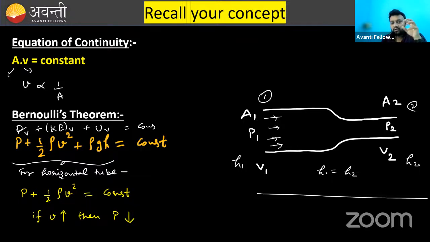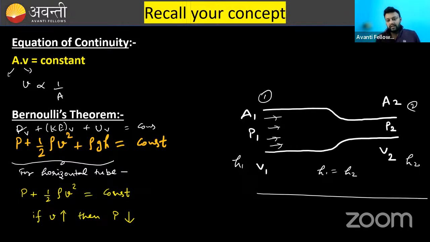I'm telling you the crux of Bernoulli's theorem and the equation of continuity. If velocity increases at a certain portion, then the pressure of the fluid at that portion will decrease. Sorted? Clear?